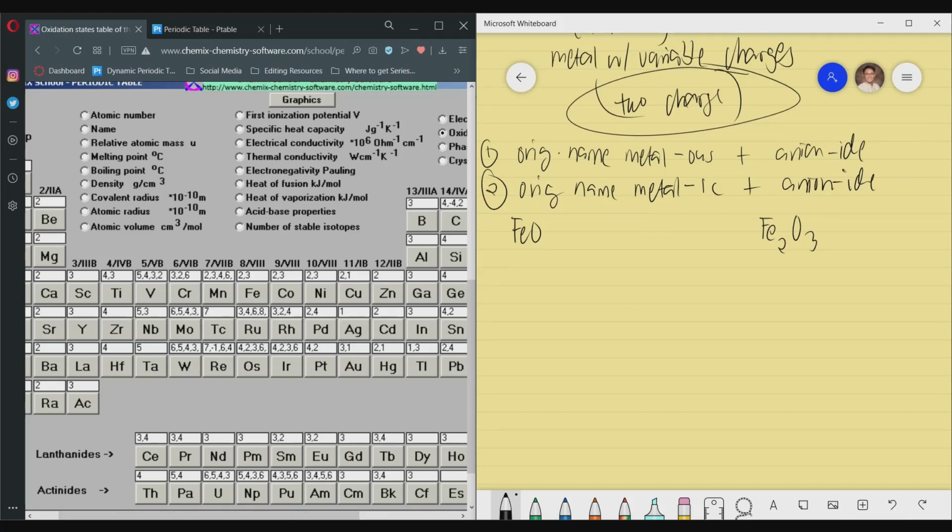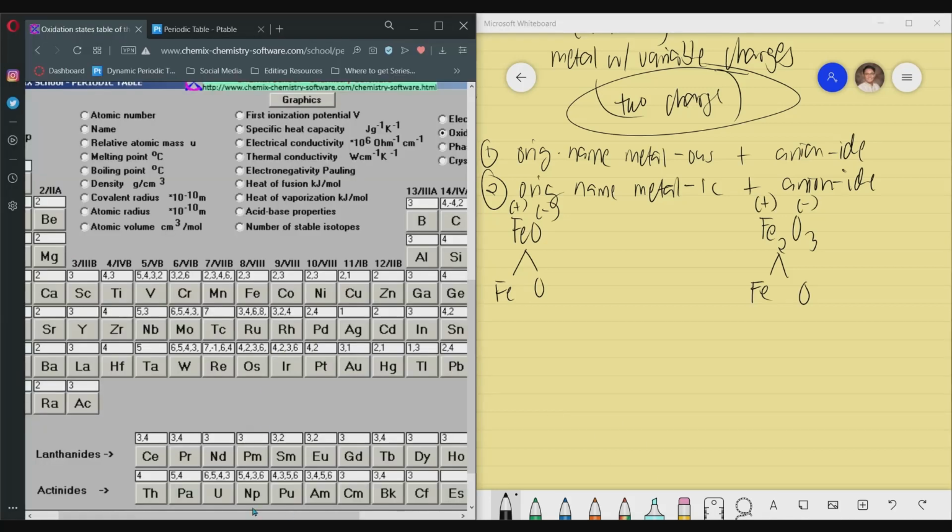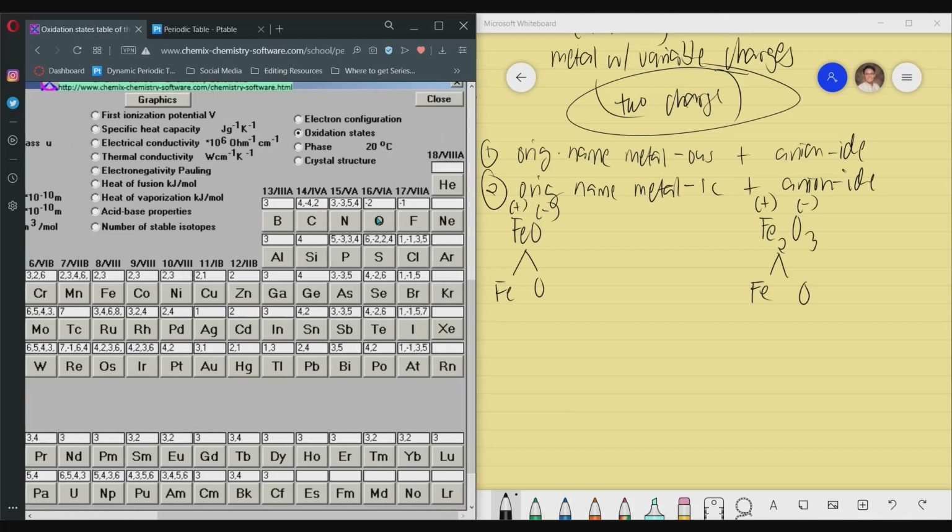So again, the same format pa rin po tayo. We deduce first the elements. So FeO. Remember, iron is your positive. Oxygen is your negative. Now looking at the oxidation state, oxygen again has -2.